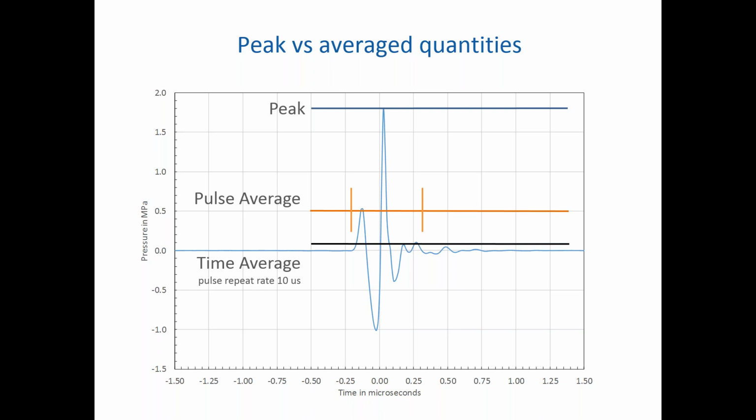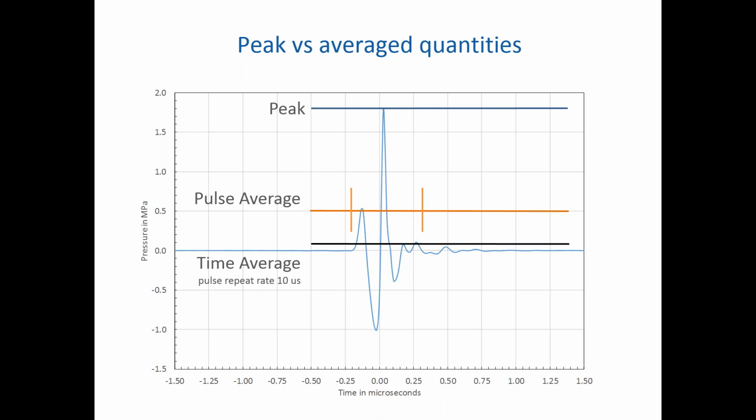And the arguments that apply with regards to a temporal variation are equally valid for spatial variations as well. Are we interested in just the biggest single value somewhere in the field, or are we interested in the average over an area within an acoustic field that we're looking to quantify?